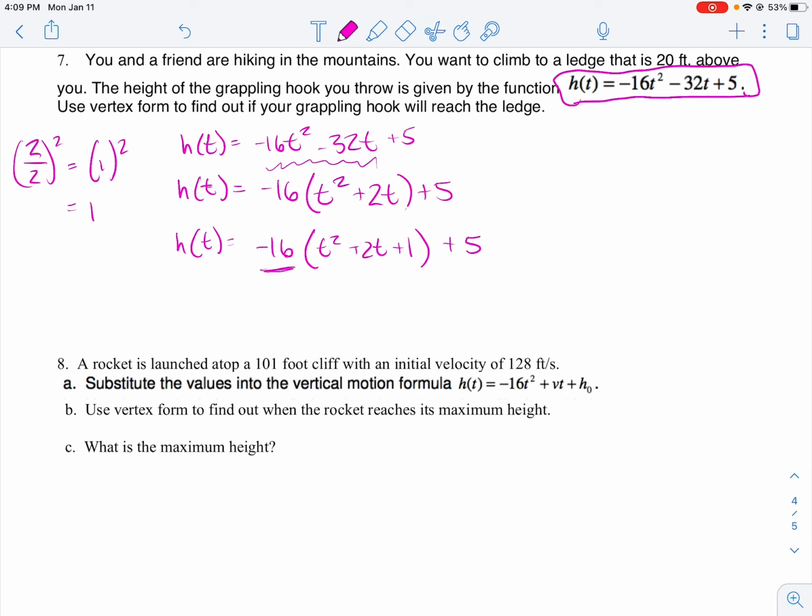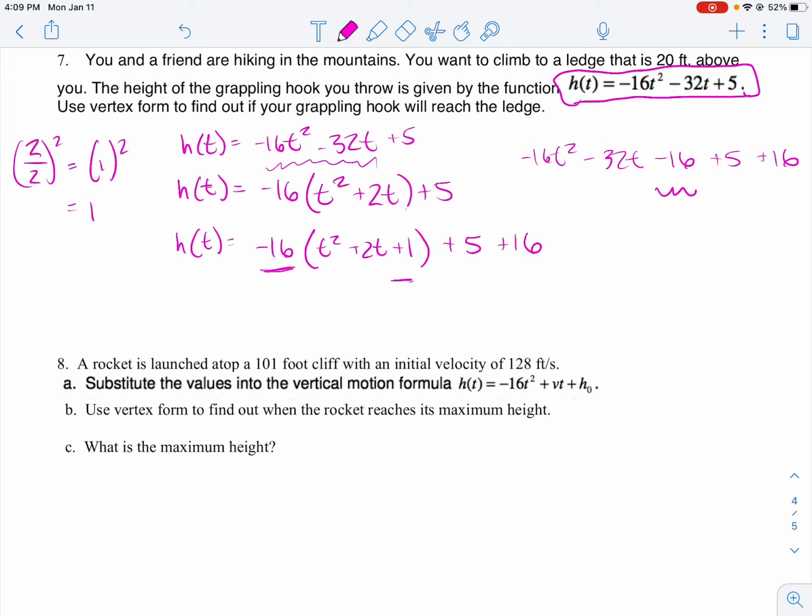But what's negative 16 times 1? Let's multiply that out. Try this again: negative 16t squared minus 32t minus 16, and then we'd have plus 5. So that's certainly not the same thing we had before. In order to account for that, what's throwing us off is a 16, so I'm going to add 16, and that balances our equation out.